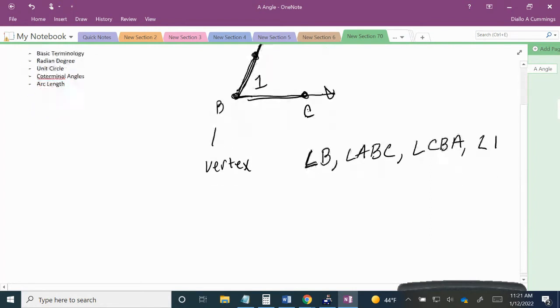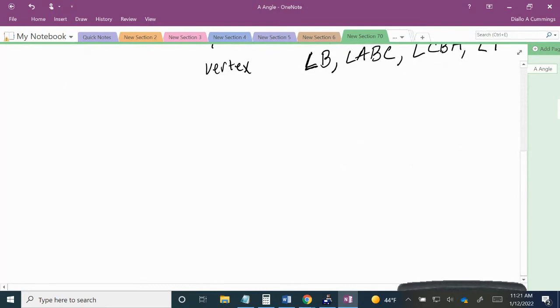Next, we're going to talk about positive angles and negative angles. All of our angles are considered to be in an XY coordinate system, so I'm going to review the XY coordinate system.